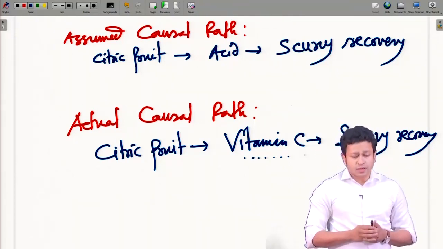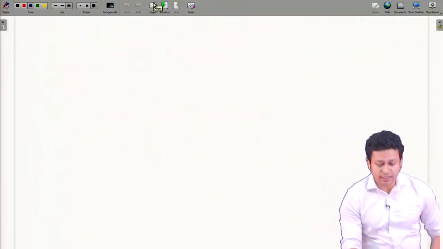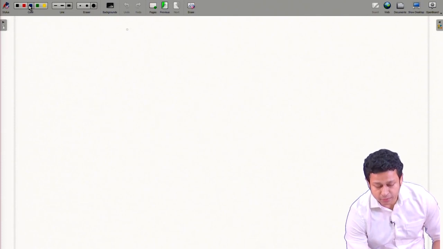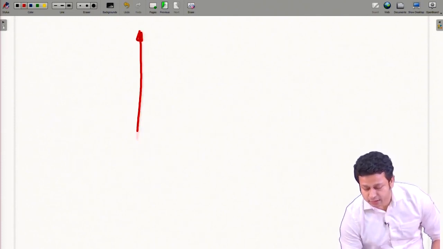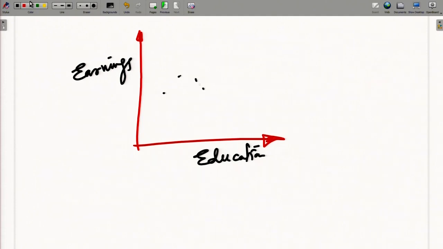Now, when I talk about correlational thinking, the first thing that we learn is a scatter plot, and in a scatter plot we have two variables. So let's say I take variables like earnings and education, and what we see is that in general there is a positive relationship between earnings and education.